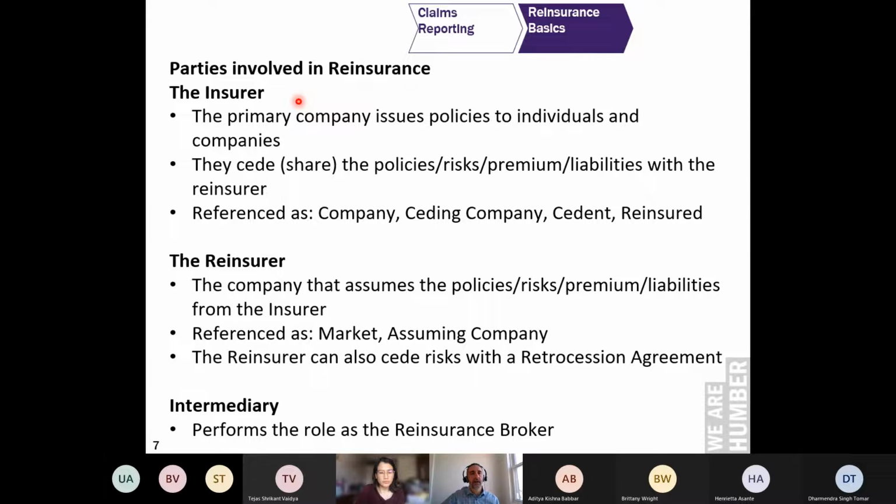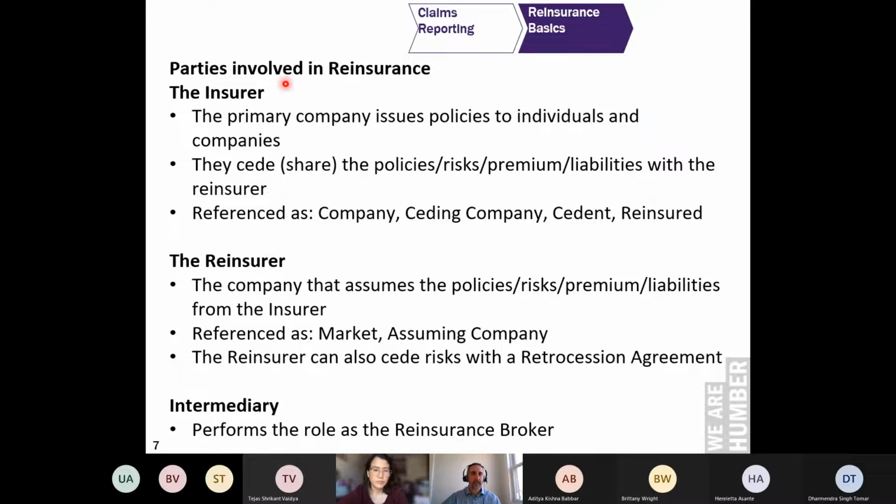So everything that we've been talking about in this class is from the viewpoint of the insurer, right? So this is the company that issues the policies to the individuals. And as you've noted in some of the questions, the contract between the policyholder and the insurer is one contract. So the insurer has a responsibility to pay the claimant.